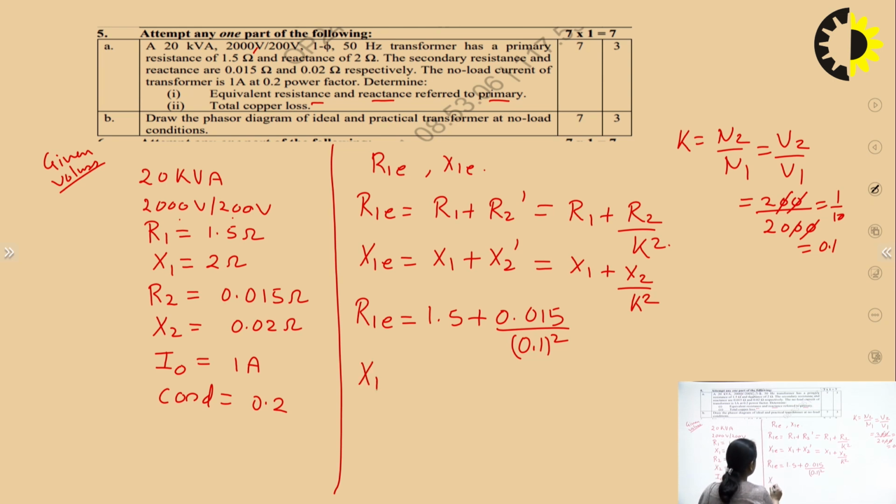Similarly, X1E is X1, which is given 2 ohm, plus X2, which is 0.02 divided by 0.1 whole square. So you will get the value of X1E. So you can find the value of R1E and the value of X1E.